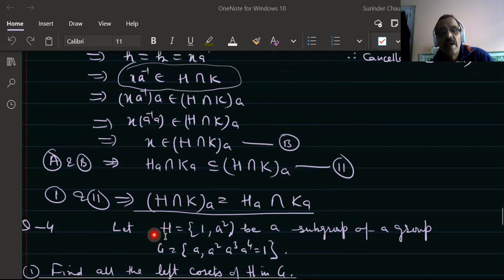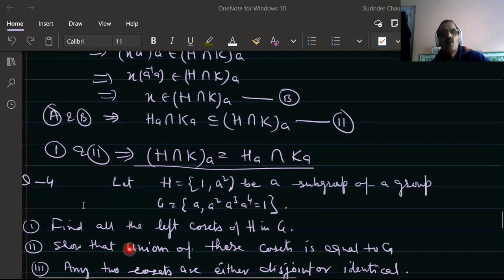Now the next question is: let H consisting of 1 and A square be a subgroup of G consisting of these four elements, A, A square, A cube, with A to the 4 equal to 1. What to do now?